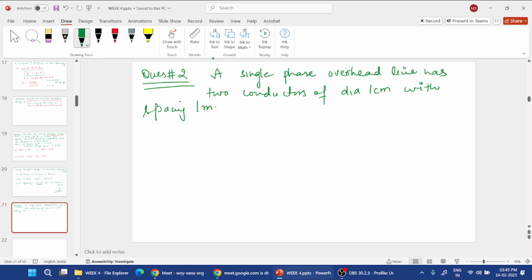Dielectric strength of air is 21 kV per centimeter.